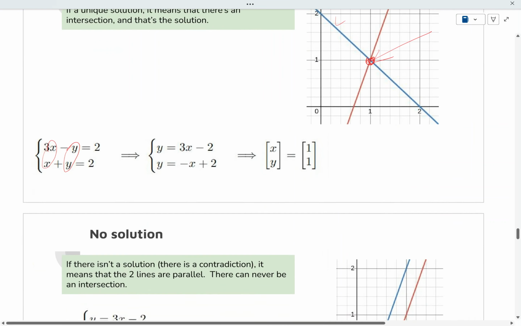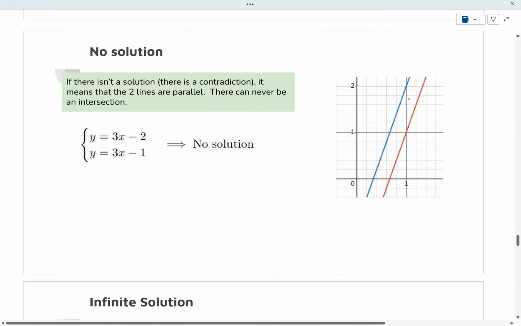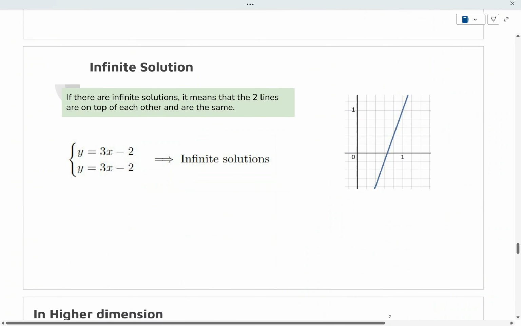However, in some cases, there is no solution because the lines are parallel. What that's saying is that they never intersect each other, so it's impossible to have an intersection. That's the geometric understanding of why it's possible to not have any solution. And for the case of infinite solutions, it's because they overlap each other.